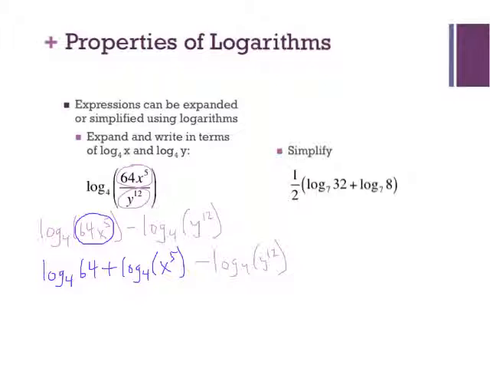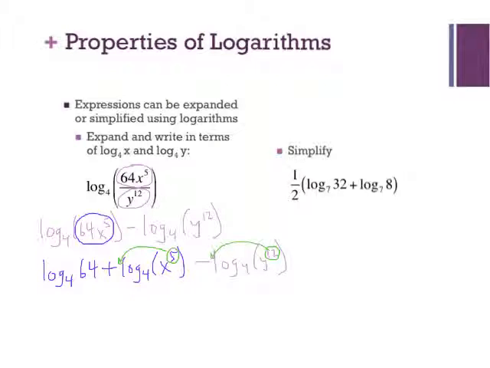And then we can do a little bit more simplification. For instance, I see I've got a power inside of a logarithm. And over here I've got another power inside of a logarithm. Those exponents inside can be pulled out as scaling factors, multipliers, on the outside.